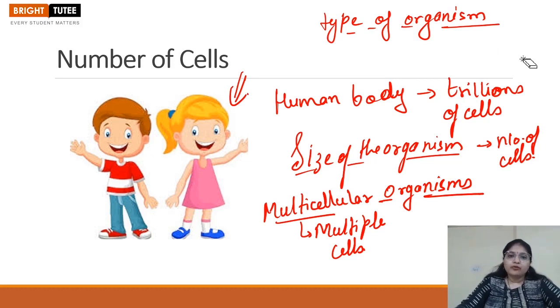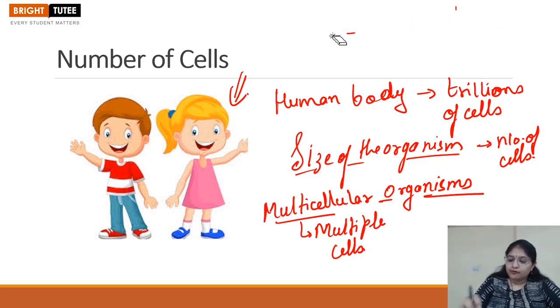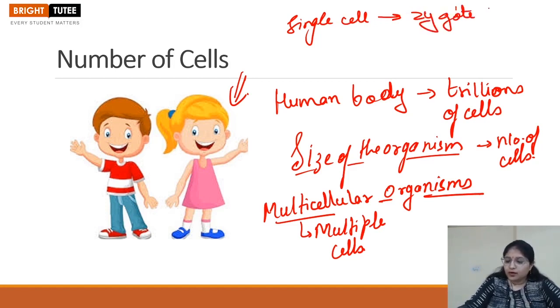Now, an interesting point to note here is that all the multicellular organisms begin their journey from a single cell. That means the multicellular organism is formed from a single cell called the zygote, the fertilized egg.